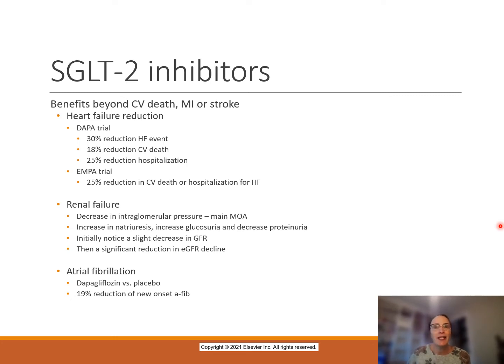You can't technically give it to people with an eGFR below 30. We push it in specialty, and I think the renal docs go even down as far as 20. But in primary care medicine, you're probably going to want to stay at 30. And then atrial fibrillation: in the DAPA trial, there was a 19% reduction of new onset AFib.